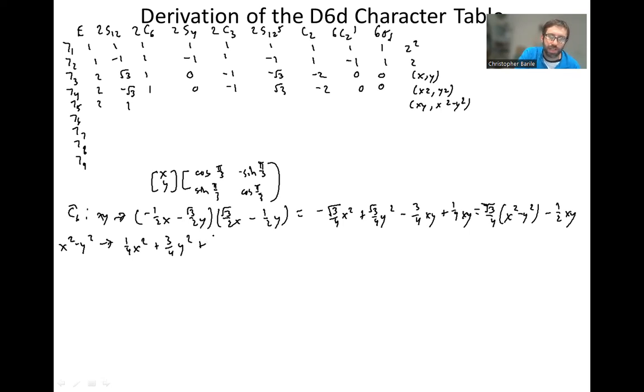That's going to be plus root 3 over 4, but there's two of them, so it's root 3 over 2 xy. And we have minus a y squared, so it's going to be this term squared, which is plus 3/4 x squared. And then we have this term, which is plus 1/4 y squared.